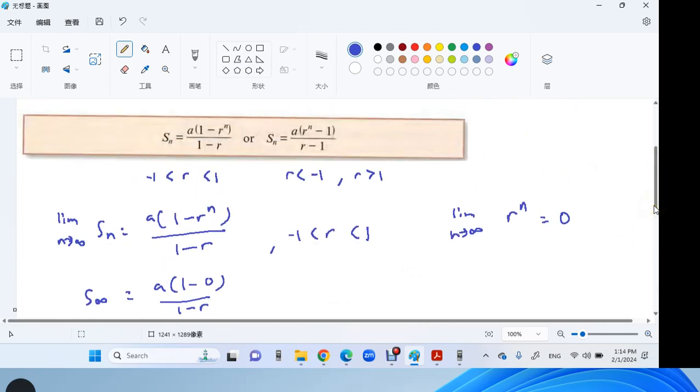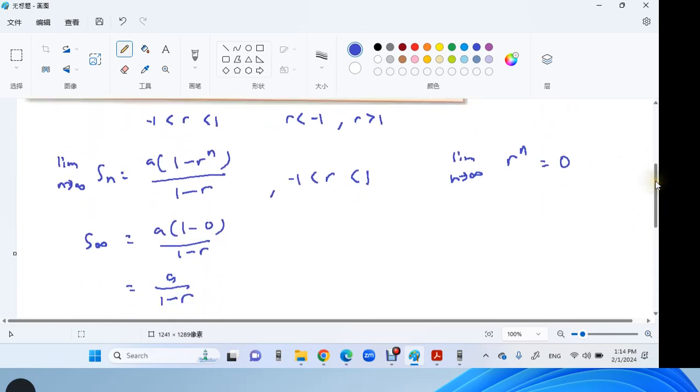So for S infinity, there is a constraint that r must be between -1 and 1. Try to imagine we have a series: 1024, 512, and then 256, and so on.